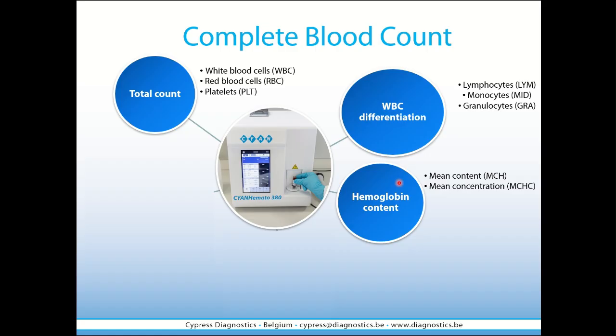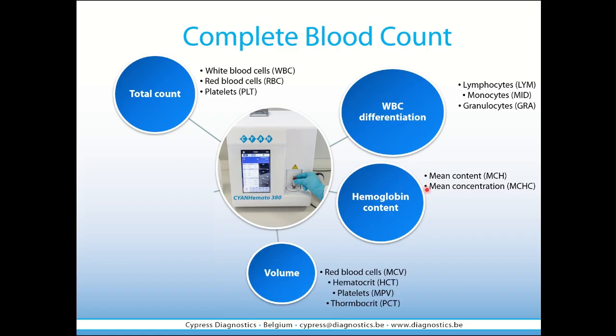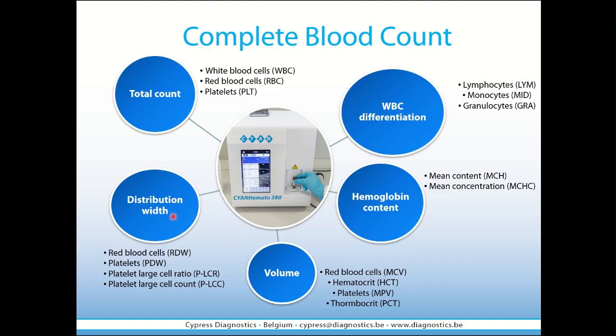We obtain hemoglobin content, the mean content and the mean concentration, the volume of red blood cells, hematocrit, platelets, and thrombocrit. And finally, we also get the distribution width of red blood cells, platelets, and two research parameters, the platelet large cell ratio and the platelet large cell count, 20 hematology parameters.